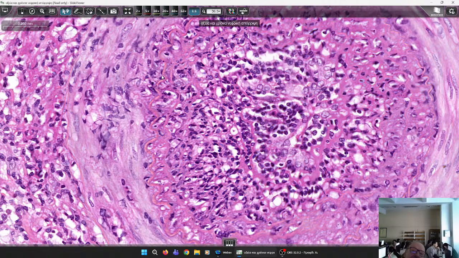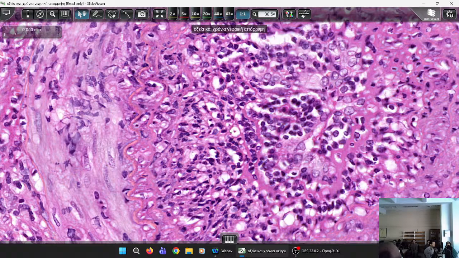What is this line here, which is quite continuous and defines the layers of this? What happened here?